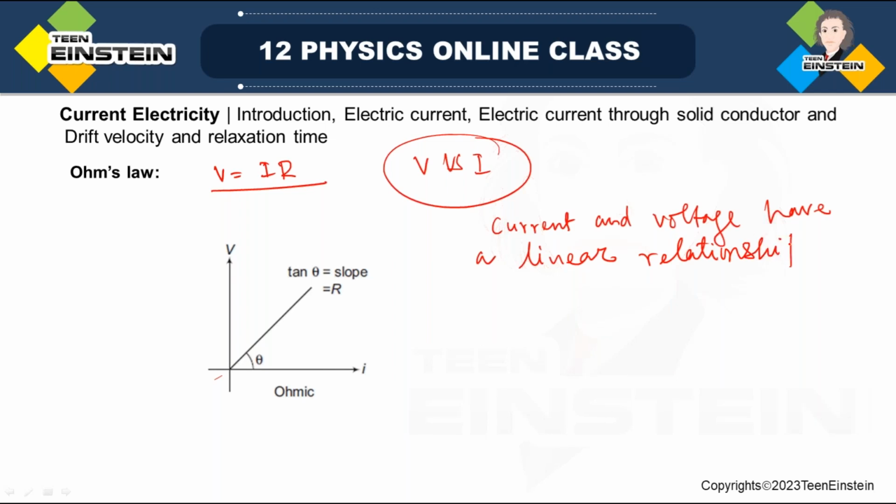Now, if I get the slope of the curve, V by I, this is nothing but the resistance.